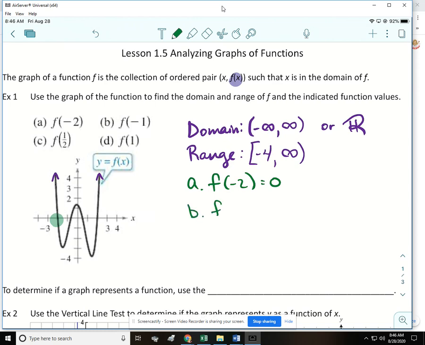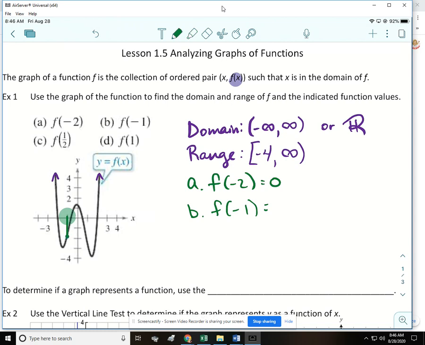All right, for B, we're finding f of -1. So we'll go on the function, find where x is -1, which would be right here. We drop down to the actual function. So we're looking at this point right here.